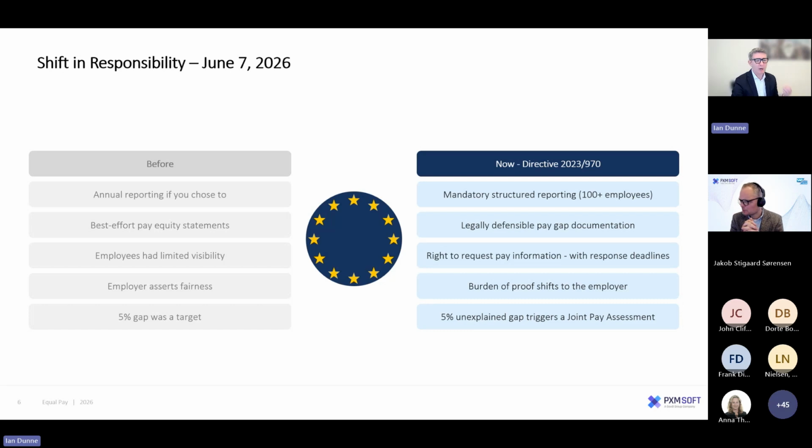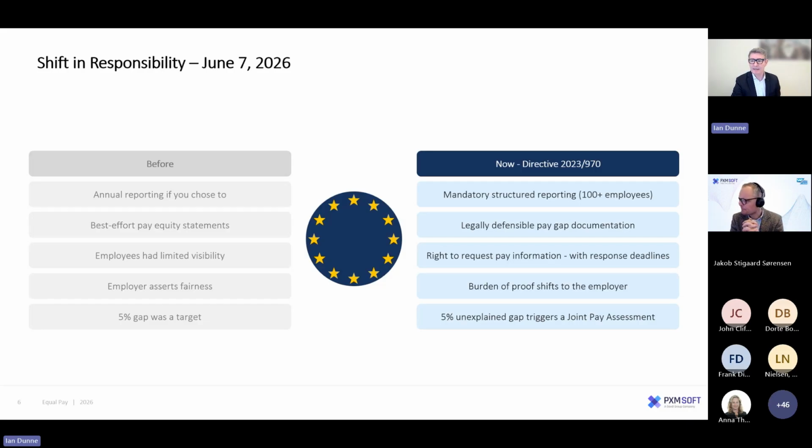If we look at the right column here, we see that under Directive 970, which is live as of June the 7th, the rules are categorically different. Firstly, we've got mandatory structured reporting for organizations with 100 or more employees. That's not optional, and it's not best effort, it's mandatory.